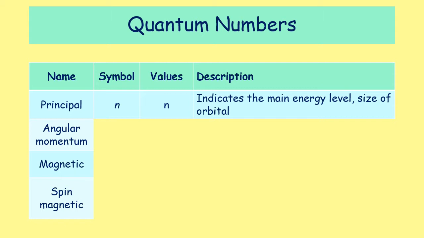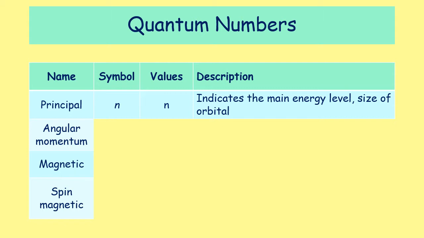The bigger the principal quantum number, the bigger the size of the orbital. When you've got atoms that contain different principal quantum numbers, depending on the size, electrons will have multiple principal quantum numbers.